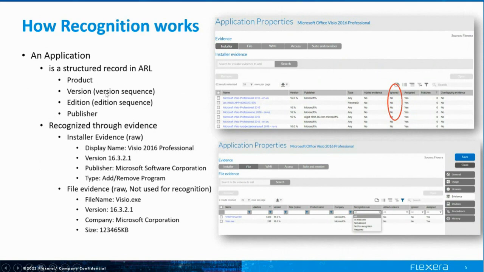And important to know, behind the scenes there is a version sequence, which is called version weight. So the ARL knows that 2016 was released after 2013, for instance, and before 2019. It may sound a little bit stupid because the versions are numerical, but knowing that XP for Windows was released before Windows 10 or Windows 7 is more challenging.